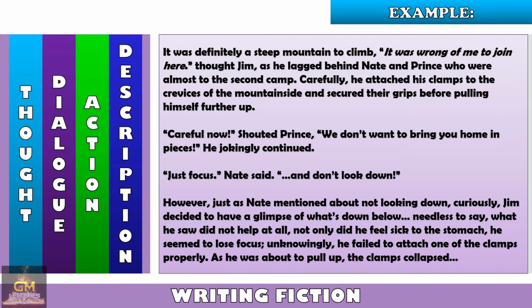"Just focus," Nate said, "and don't look down." However, just as Nate mentioned about not looking down, curiously, Jim decided to have a glimpse of what's down below. Needless to say, what he saw did not help at all. Not only did he feel sick to the stomach, he seemed to lose focus. Unknowingly, he failed to attach one of the clamps properly. As he was about to pull up, one of the clamps collapsed.